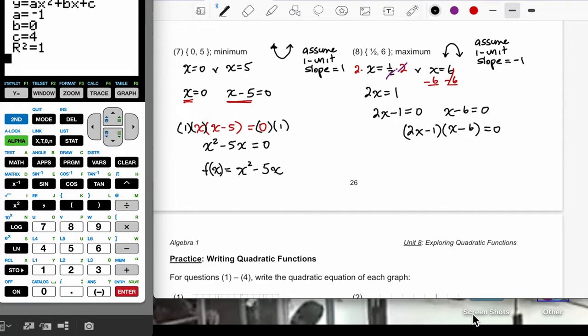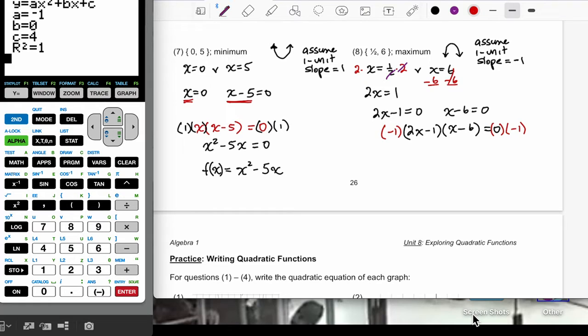But because I'm assuming a 1 unit slope of negative 1, I'm going to multiply both sides by negative 1. And again, I'm making that assumption because the parabola is opening downward, and I don't actually have the picture, so that I have no reasonable way of computing the 1 unit slope. So we just defaulted to a negative 1.